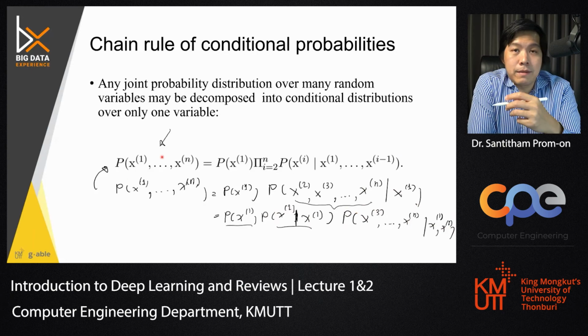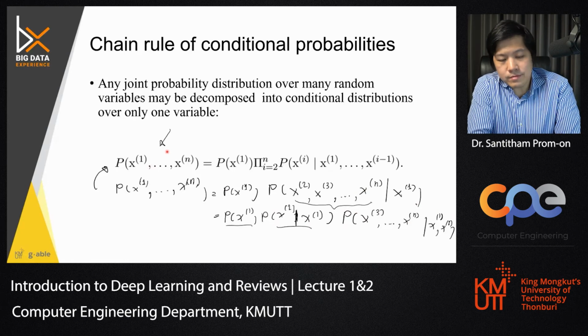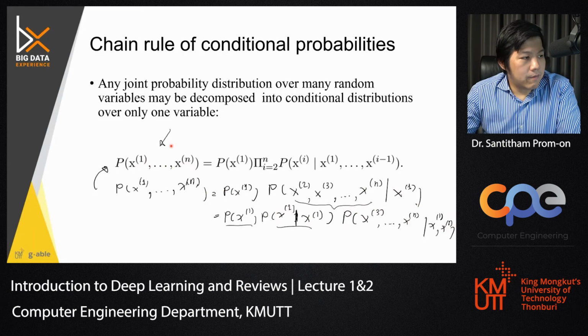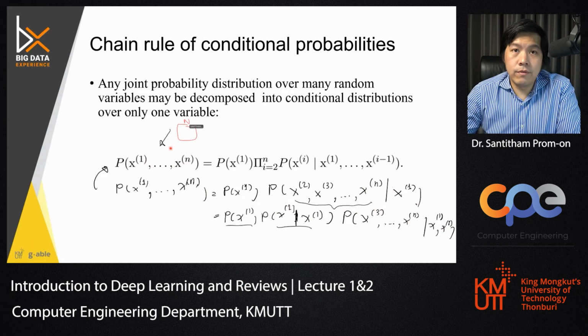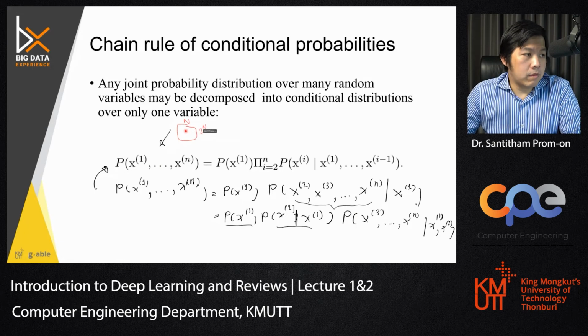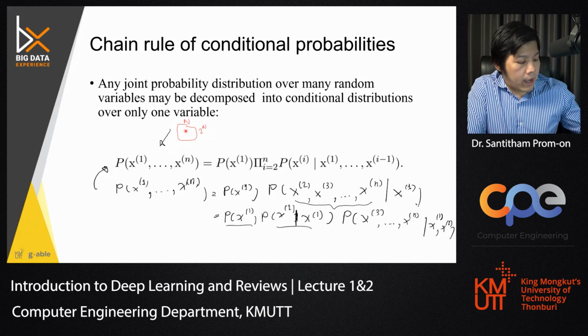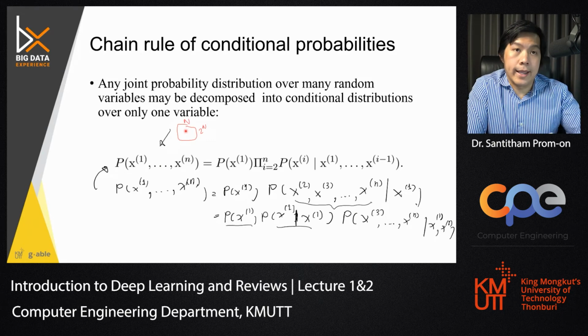Seeing math like this might scare you, so let me explain it in terms of a table. For this one, this is like a table with n columns. An n column table, if you were to store it as 0 and 1, you have the total combination of 2 to the n, right?